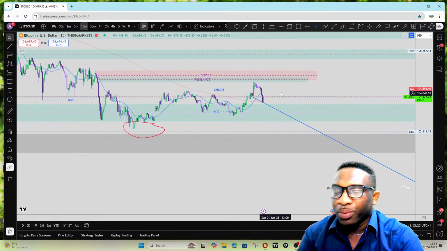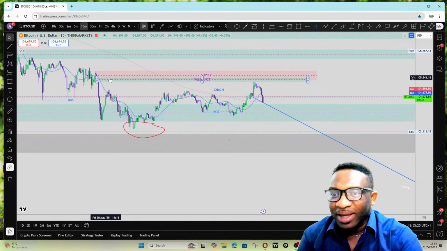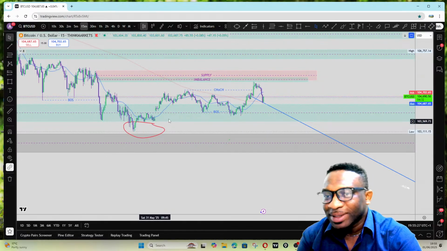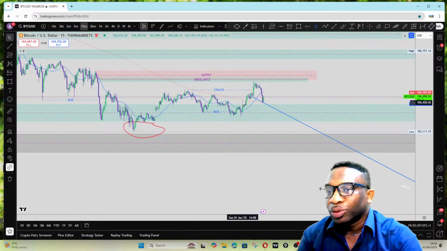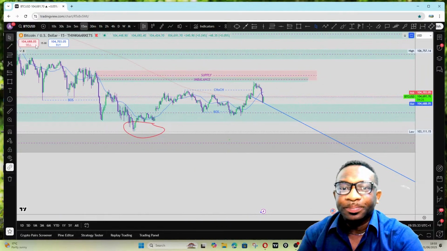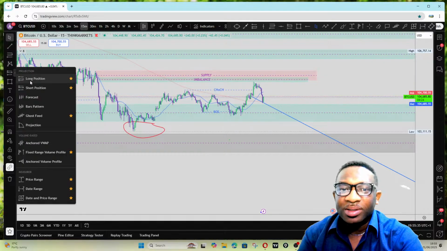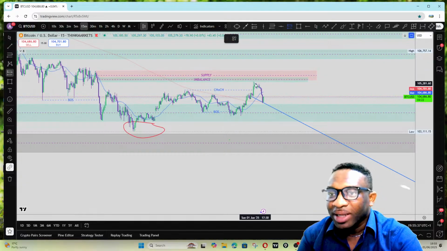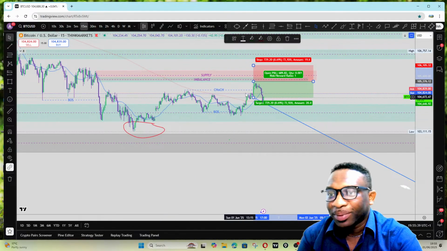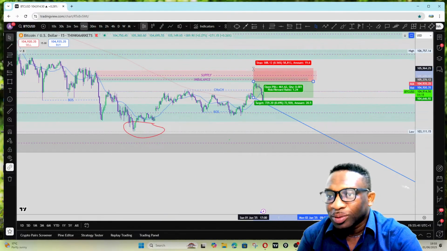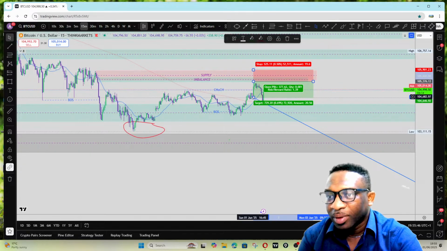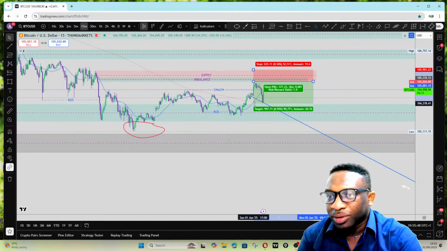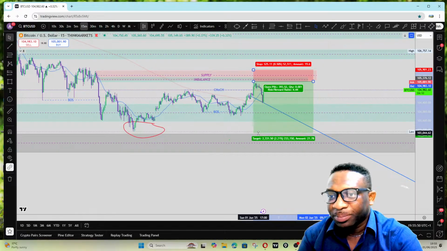So all we do is identify these areas before all this happens. What you could do is set a sell limit right here before all this happens. Your stop loss goes above the supply area, and then you target the previous low.